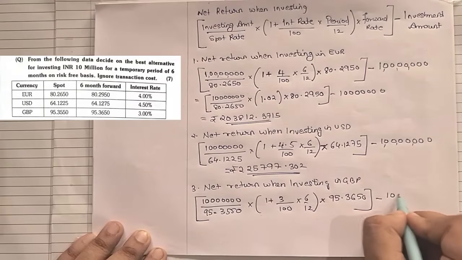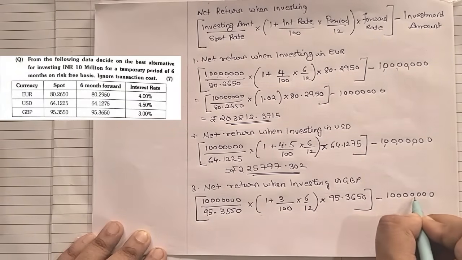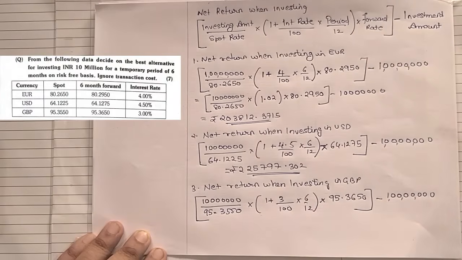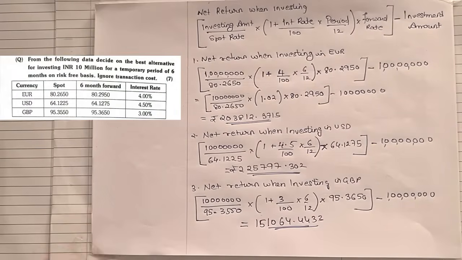The whole thing minus 1 crore 1, 2, 3, 4, 5, 6, 7. Okay, so again 6 divided by 12 into 3 divided by 100 plus 1 into the forward rate 95.3650 divided by the spot rate 95.3550 into 1 crore. Whatever answer you get, minus that with 1 crore. So we should get the value as 151,064.4433.